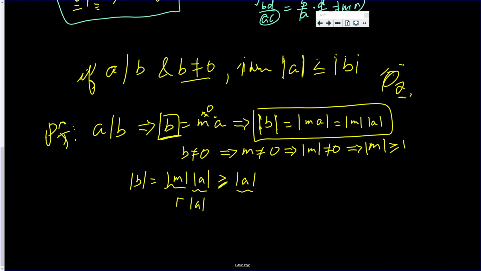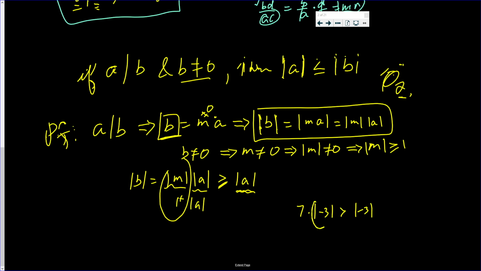But if the absolute value of m is more than 1 and you multiply it by some positive number, it will be bigger than that positive number. 7 times the absolute value of negative 3 is greater than the absolute value of negative 3.